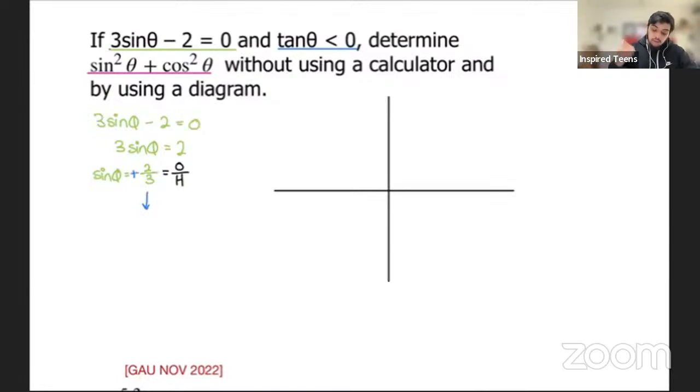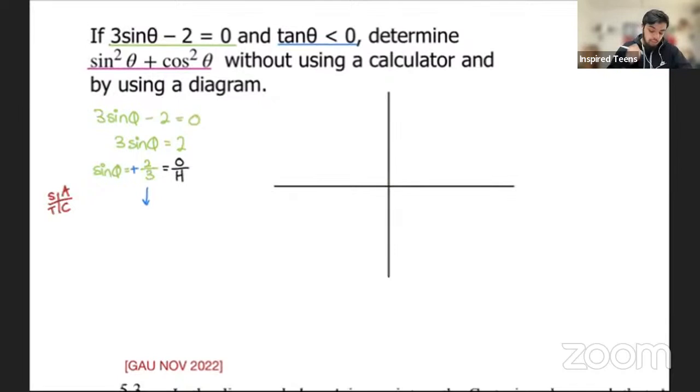Since sine is positive, we can understand which quadrants sine is positive in. We draw our CAST diagram. Since sine is positive, we choose the quadrants in which sine is positive, which are first and second. So in the first and second quadrants, sine is positive. That actually guides us. This gives us two options: we can draw it in either the first or the second.